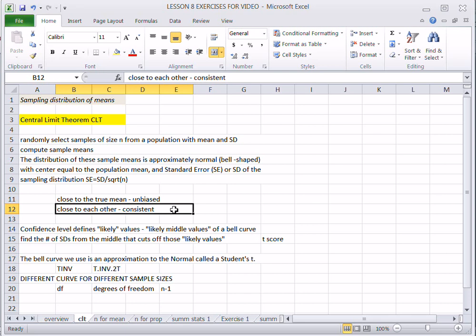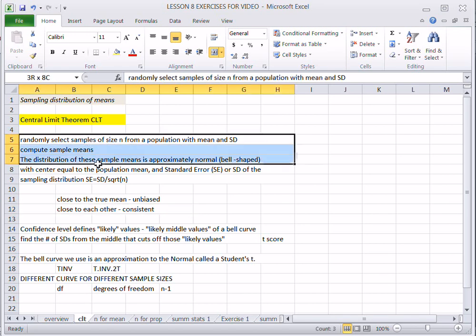By being close together, our data values are consistent. By being close to the true mean, the sample means are unbiased. So the sample mean is an unbiased, consistent estimator of the population mean.